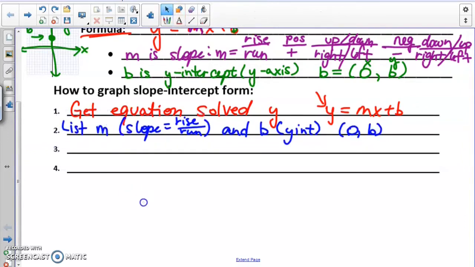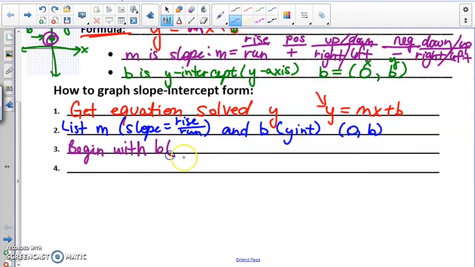Step 3, once we have our m and our b, we begin with b. I like the fact that it rhymes: begin with b. We said it's a point on the y-axis. Some people say plot the point first, which also works. A point on the y-axis means we always go up or down first, never left or right.